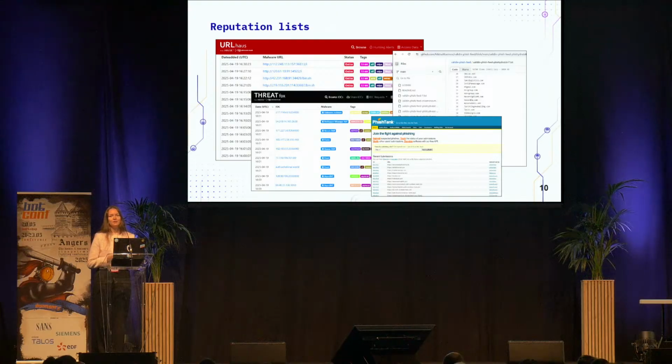Every day there are a lot of new domains and IP addresses for malware communication, and it's really easy for hackers to change them. So I think it's good to use reputation lists in some solutions, but it's not enough, and you need to use other methods.